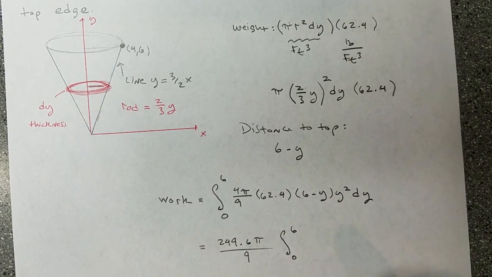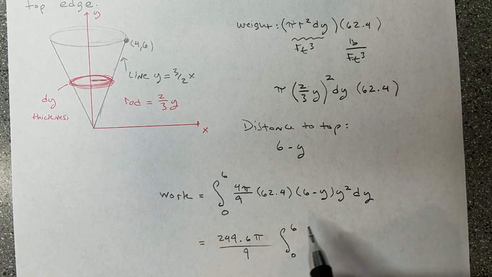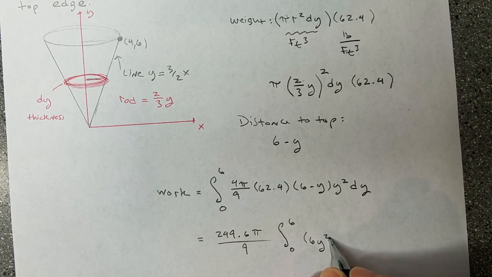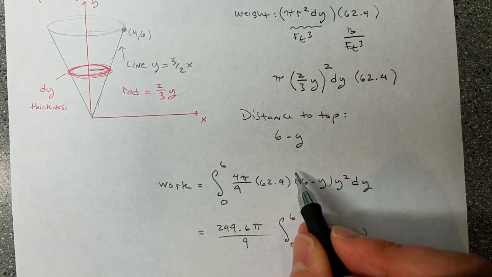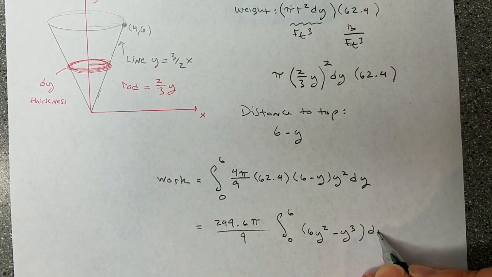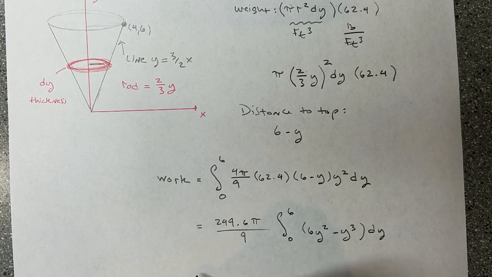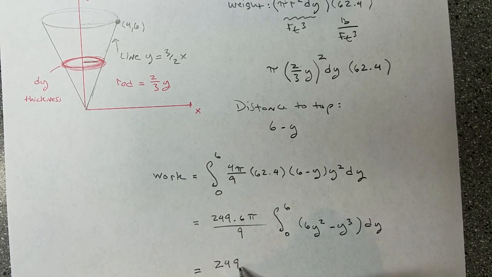All right, 0 to 6. What's left over? I combined all this into that, and I'm going to have 6y squared minus y to the third, and then dy. All right. So, working the integral. Carry this constant down.